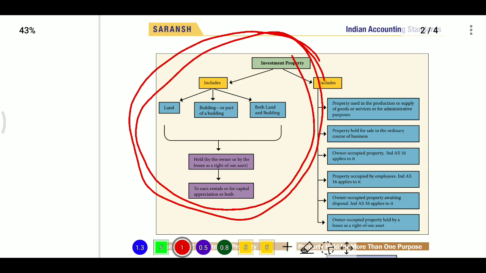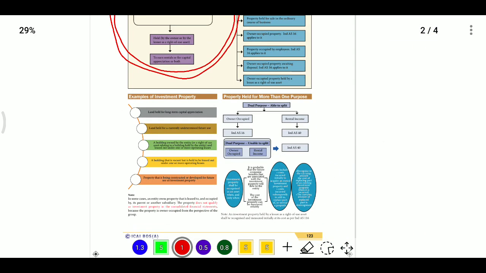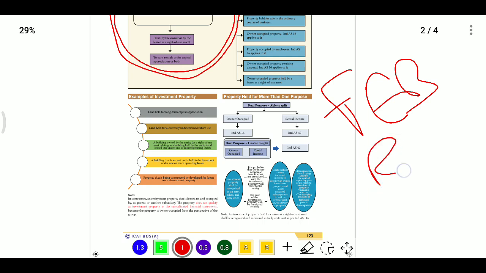We need to recognize investment property in the books only when it has future economic benefits and the cost can be measured reliably. How can we recognize the investment property?